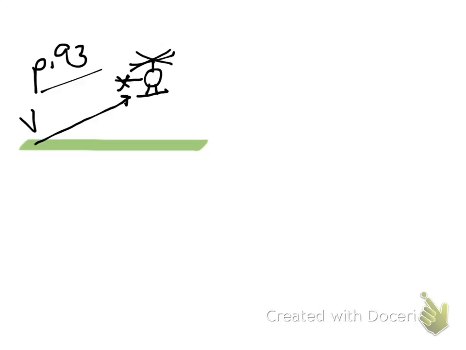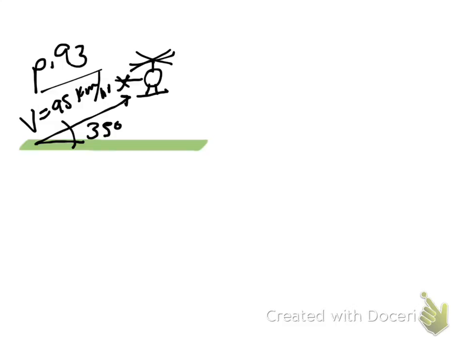So its velocity is 95 km per hour, and it is traveling at an angle of 35 degrees above the horizon, or 35 degrees to the ground. So it's on this upward slope. What we want to know is its velocity on the x and velocity on the y.